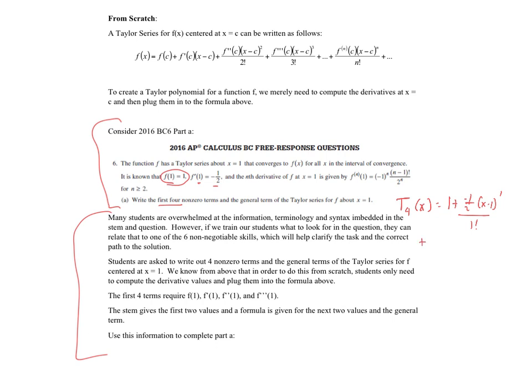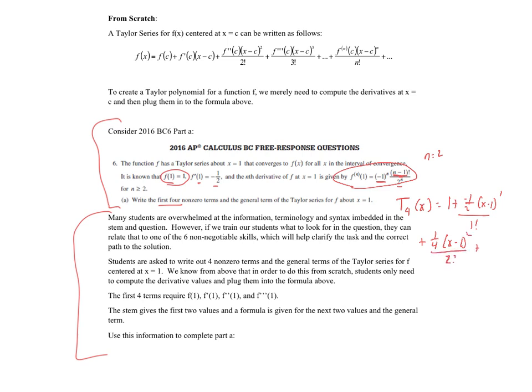And then I would have to go to the next one here, so I'd have to go with my form here. So then if n is 2, then I have my negative 1 to the n squared. So that's a positive 1. I'd have 1 factorial over 4. So I have 1/4 times x minus 1 squared over my 2 factorial.